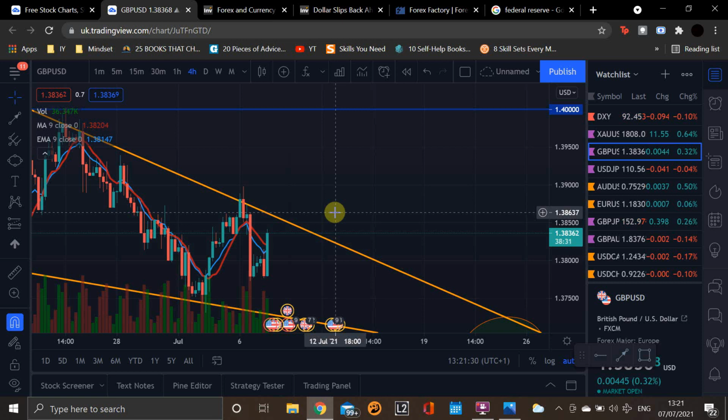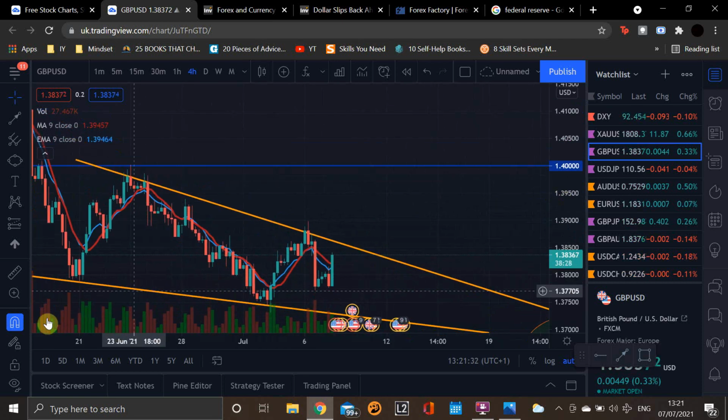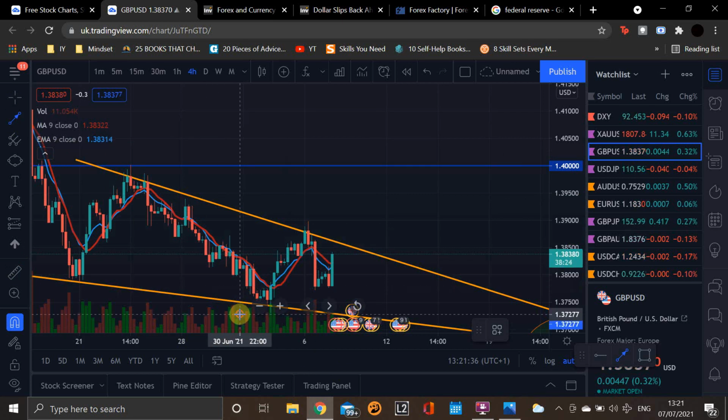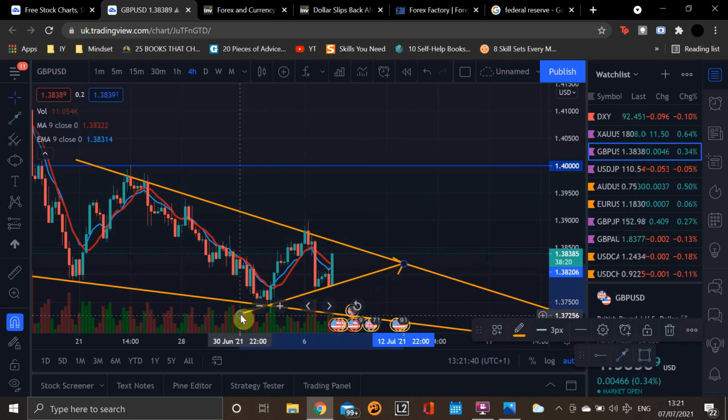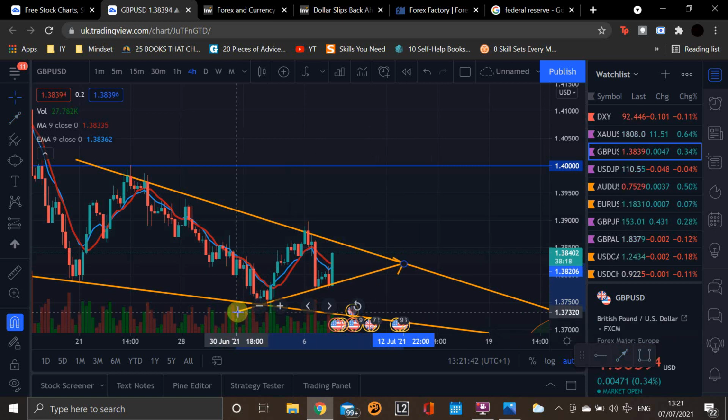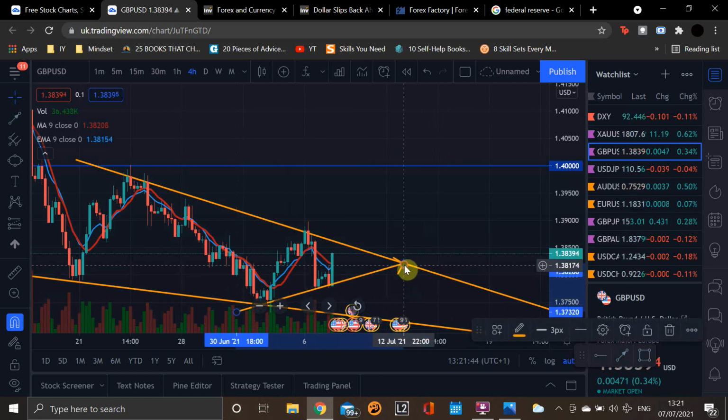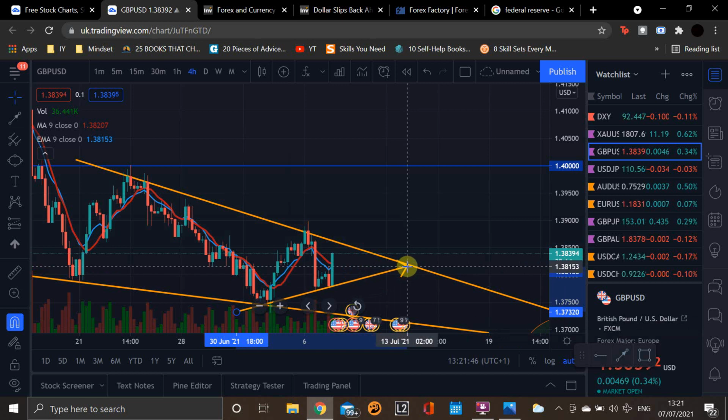I mean, this is a good sign. Look at this. It's created a little trend going on here. So this could be a pattern within a pattern, and this can be seen on the 4-hour chart, which is a good sign as well.